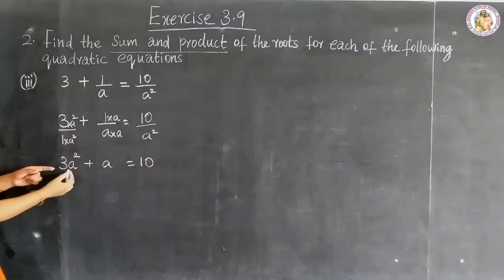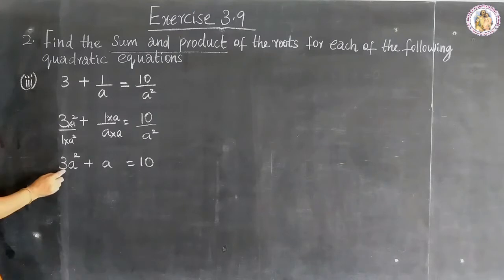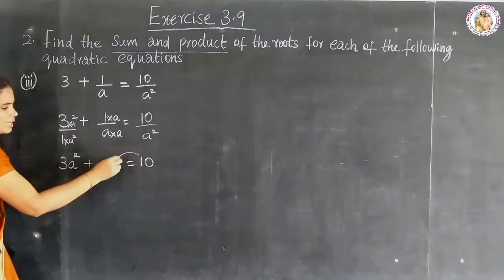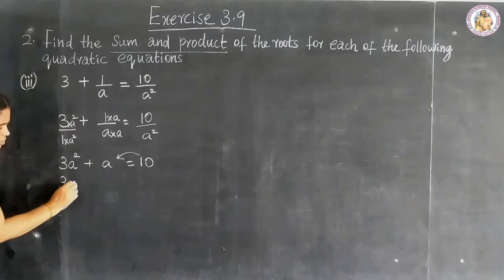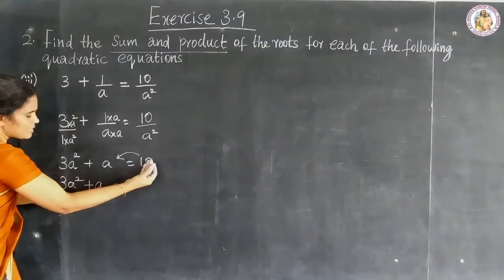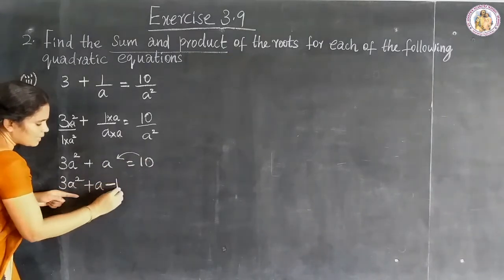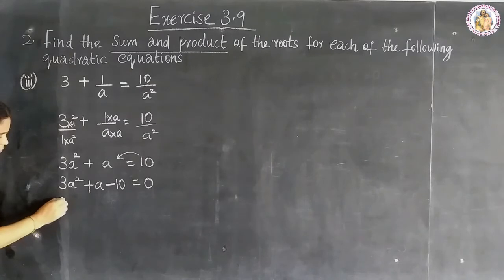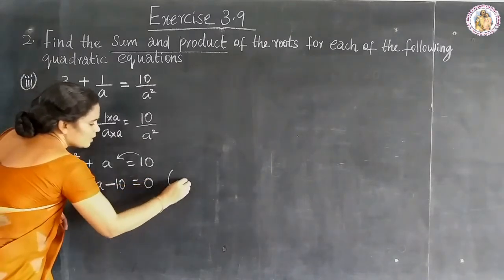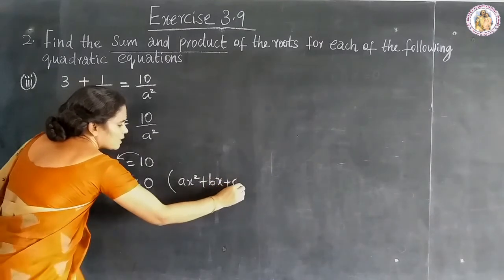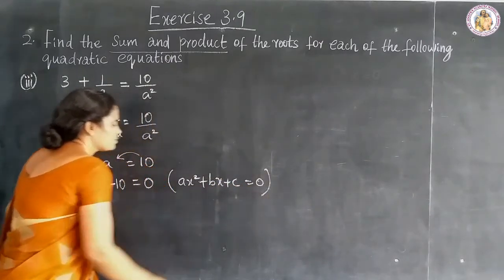As per comparing with ax square plus bx plus c is equal to 0, when 10 comes to the left side it becomes minus 10. So 3a square plus a minus 10 is equal to 0. Now it is in the form of ax square plus bx plus c is equal to 0.